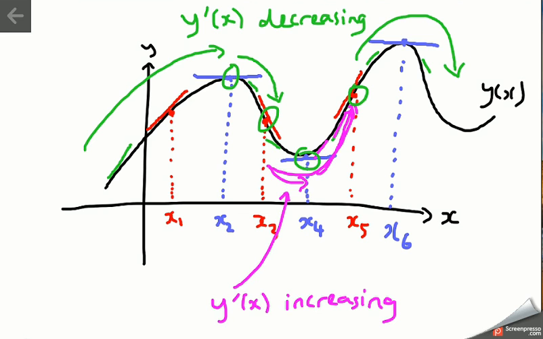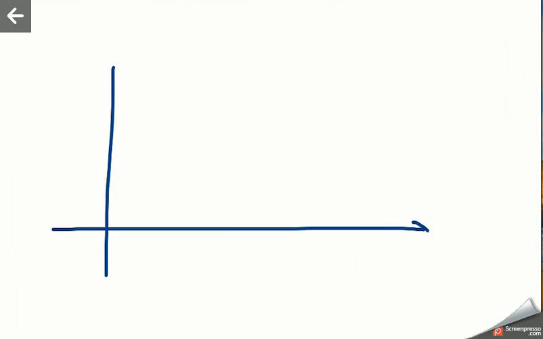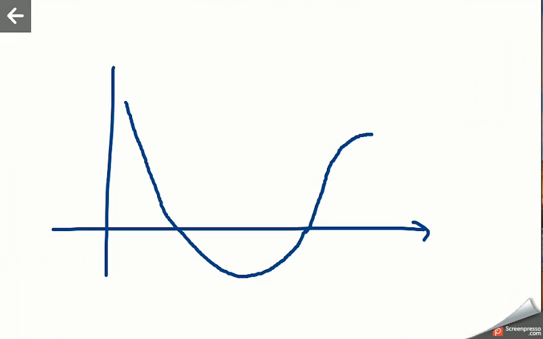So y prime of x, if I'm going to draw that, looks kind of something like this. First it's decreasing, and then it hits 0 when we get to the top of that hill, and then it carries on decreasing, and then it reaches the most negative it gets to, then it starts increasing again, and then it hits 0 when we get to the bottom of that hill, and then it increases to the most that it possibly increases by, then it starts decreasing again, and then it finally gets to 0, and the cycle continues.